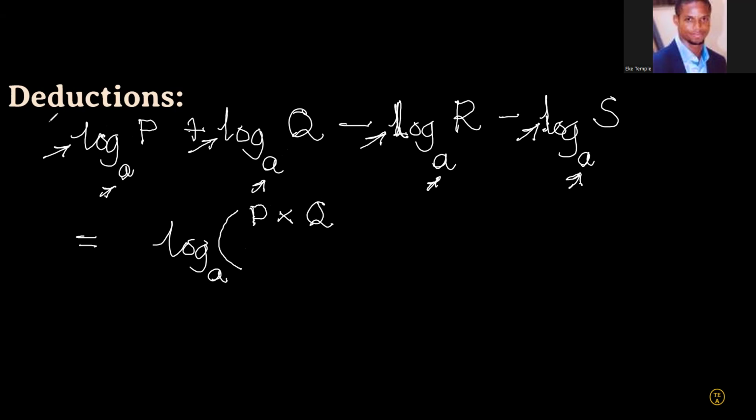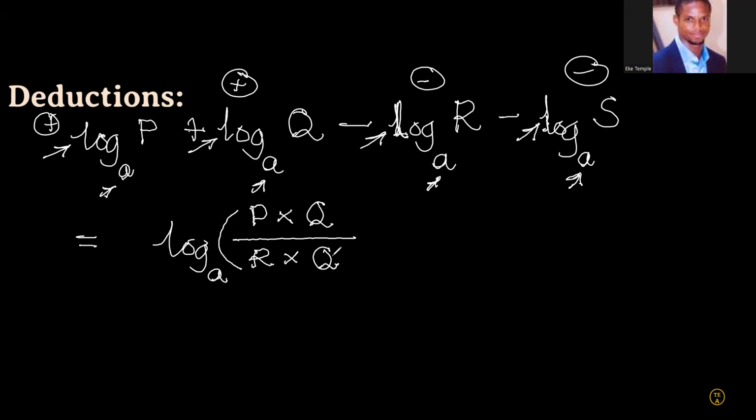Positive logarithm of P, positive logarithm of Q. So P and Q will multiply themselves in the numerator, divided by, in the denominator, the negative logarithm of R and negative logarithm of S. We have it that R and S will multiply themselves in the denominator.